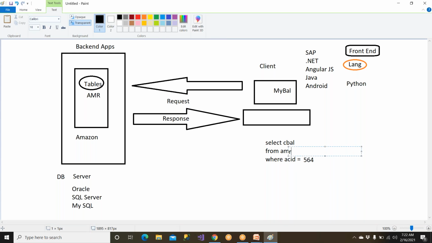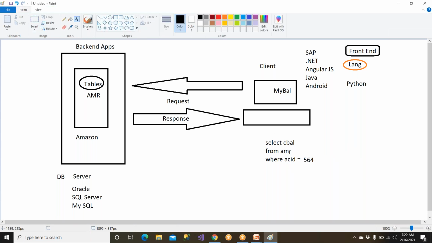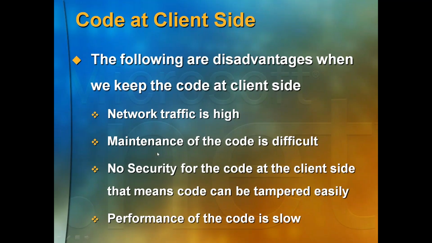Now we need to change this application to AMR and reinstall these Java, .NET applications, because this code is available inside .NET. So you need to open .NET, change all the names here, and reinstall new applications in all ATM machines. So a small change at the server side leads to a lot of other changes in the front-end applications as well. This is what is called maintenance of the code being very, very difficult.